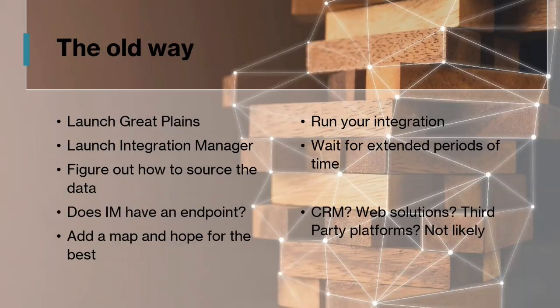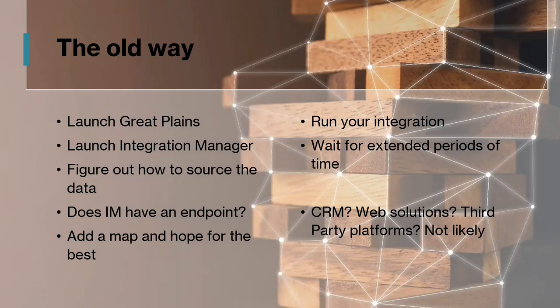Let's talk about the old way of integrating data into Great Plains. And this holds true for a lot of pieces of software, but we deal with Great Plains on a daily basis, so this is a good place to start. So the old way of getting data into Great Plains from an external system: first you have to launch Great Plains.